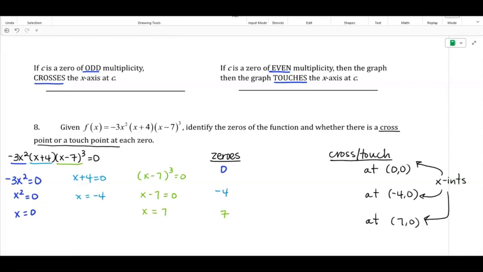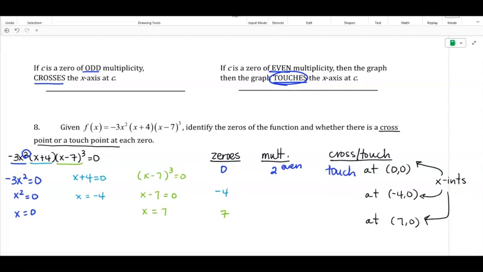Now, whether the graph will touch or cross the x-axis at those points depends on the multiplicity of those zeros. When we look at 0, it came from a factor that had an exponent of 2. So it has an even multiplicity, meaning that the graph will touch the x-axis at the point 0, 0.